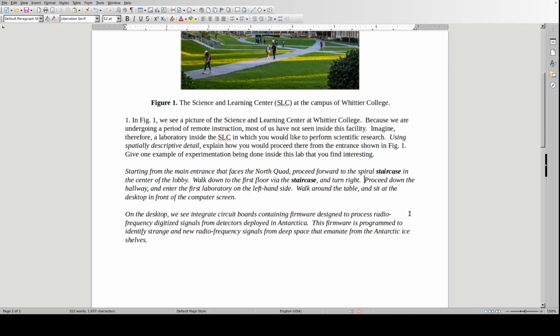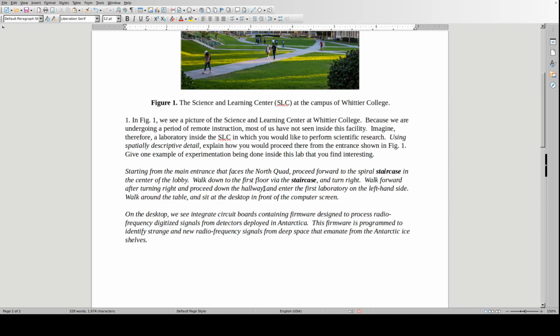The hallway doesn't begin until there's a space between the staircase and the hallway. So if I said walk forward after turning right and proceed down the hallway.